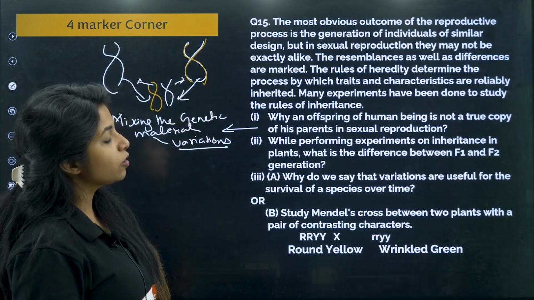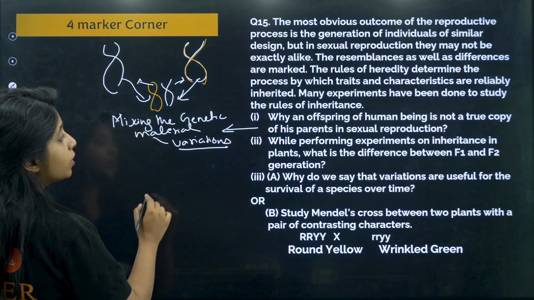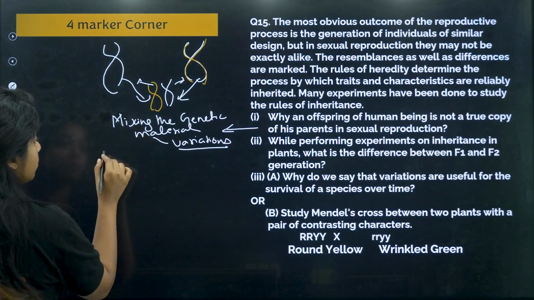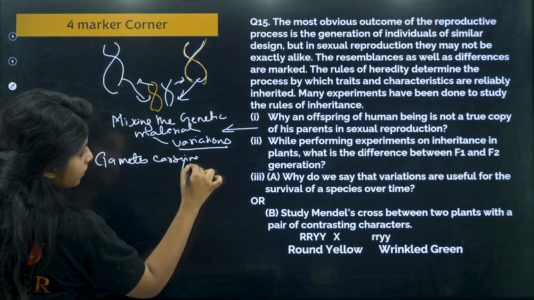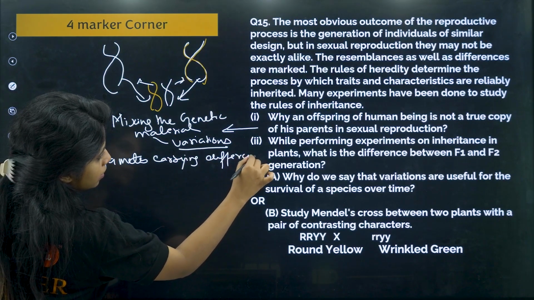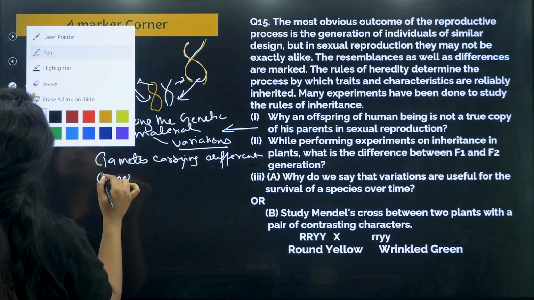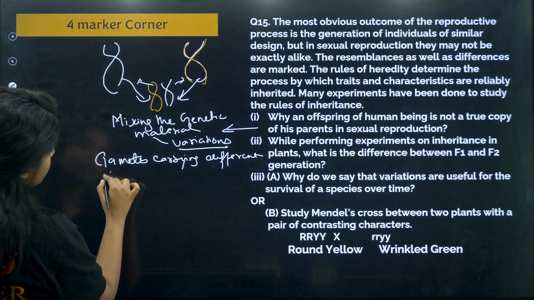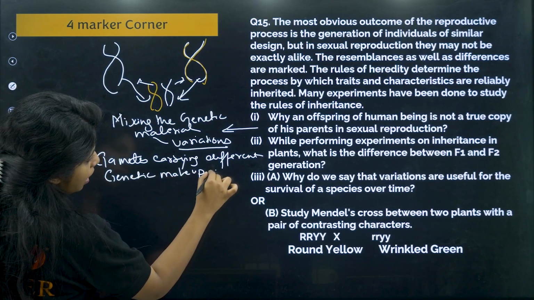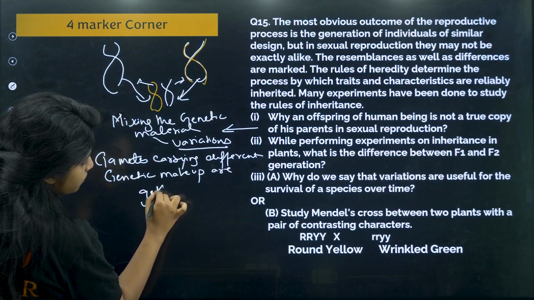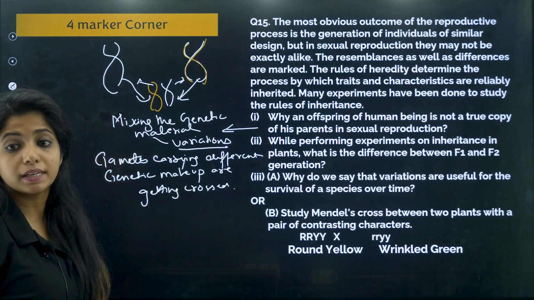So this is why an offspring of a human being is not a true copy of his parents in sexual reproduction, because in sexual reproduction, the gametes carrying different genetic makeup are getting crossed, which is why you would not find it to be similar.